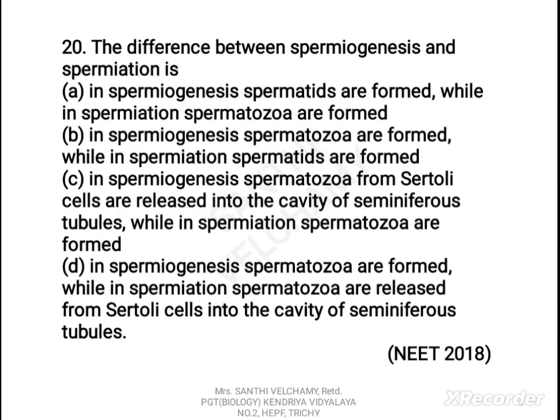C, in spermiogenesis, spermatozoa from Sertoli cells are released to the cavity of seminiferous tubules, while in spermiation, spermatozoa are formed. D, in spermiogenesis, spermatozoa are formed, while in spermiation, spermatozoa are released from Sertoli cells into the cavity of seminiferous tubule. The correct answer is D.